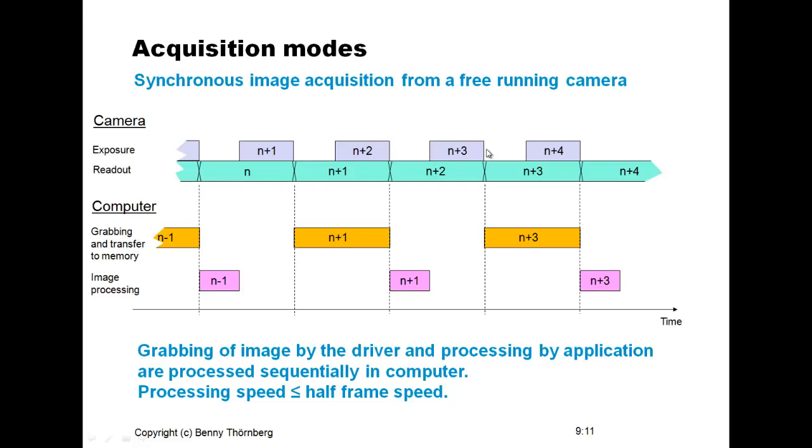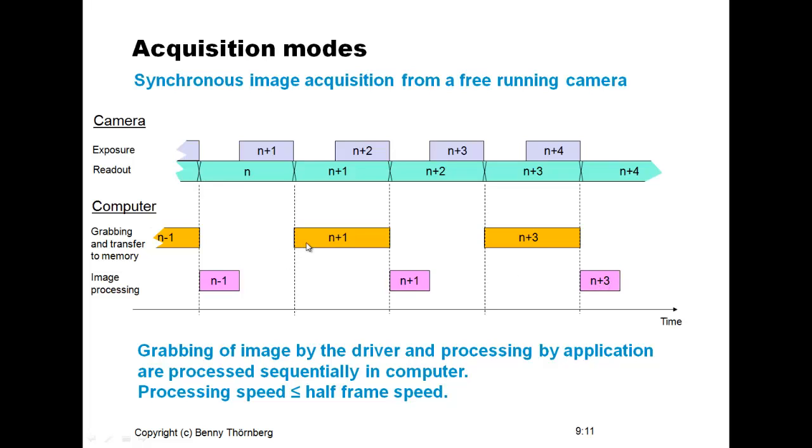So we have the exposures and we have the readout, the communication output of pixels, and we can conclude that this camera has an interleaved capability of doing the exposure and the readout of the previous image at the same time, in parallel. On the computer side, we have the grabbing process for the corresponding images, and we are also starting the image processing at these time points.